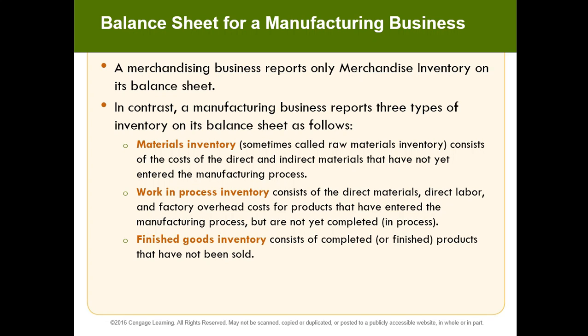Once that product reaches 100% completion, then it moves out of work in process because it's no longer in process, it's finished, and becomes finished goods inventory. All of the costs associated with that product while it was being built stay with that product and become finished goods with all of its costs rolled into it.